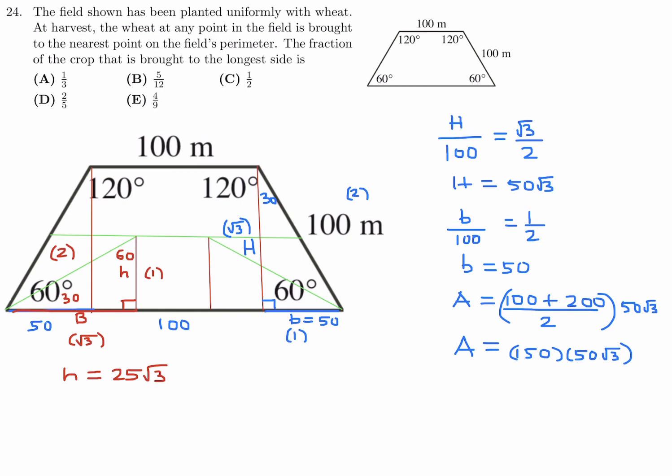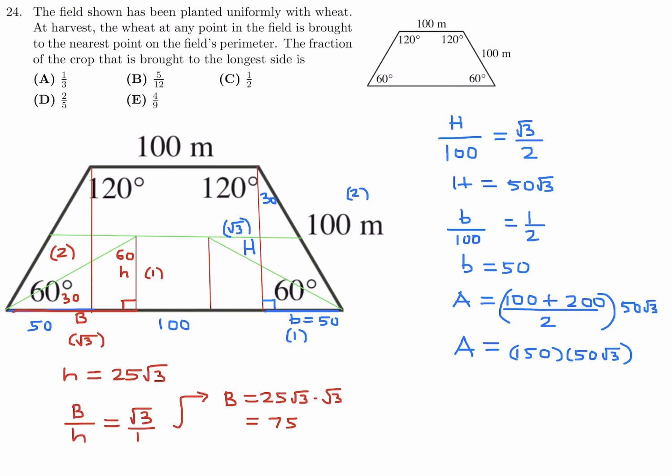So I guess now we just have to use b and h to figure out the value for b, and the ratio is root 3 over 1. So that means that b is equal to 25 root 3 times root 3, and that is 75.